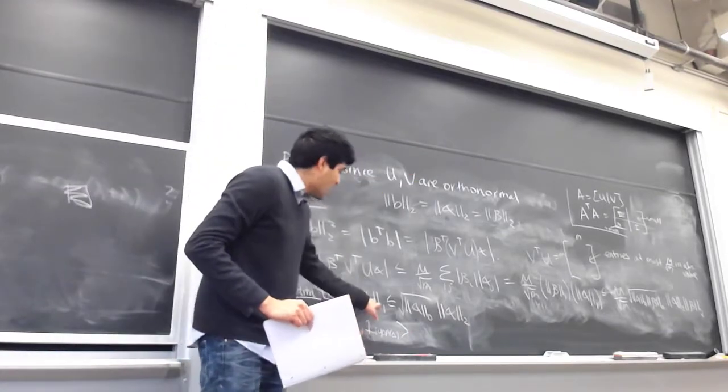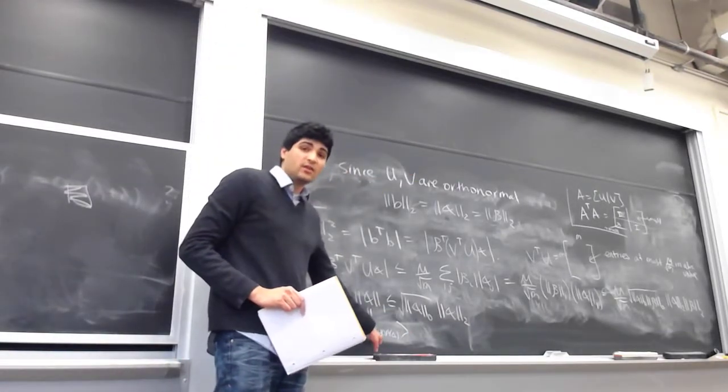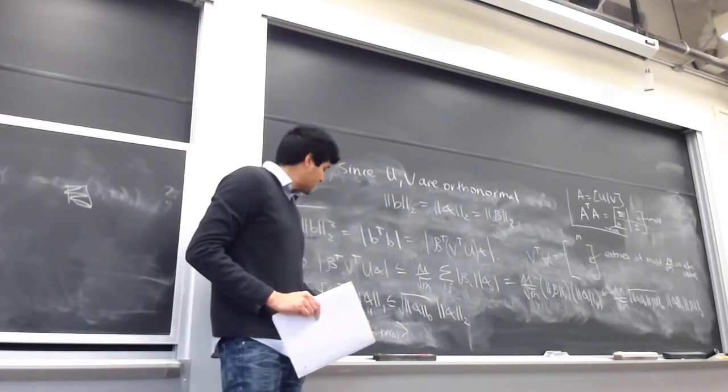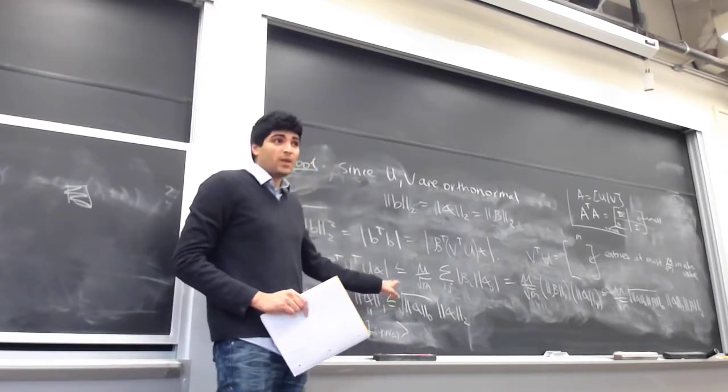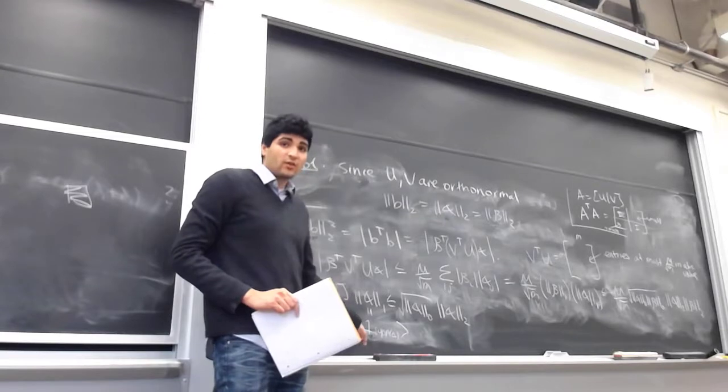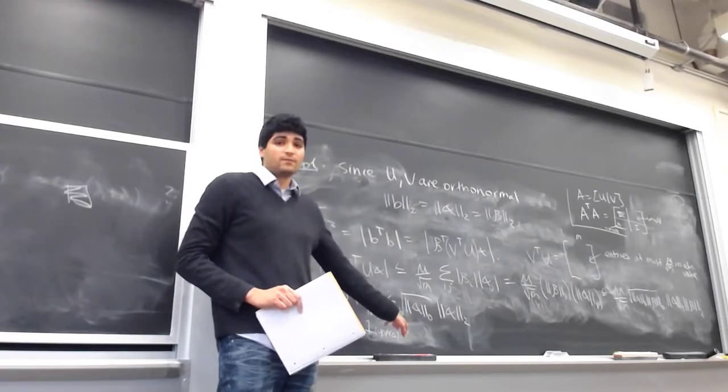Now, in general, if they're not non-negative, you would have to put their signs in here instead, but you would still get that this one norm is the inner product between a vector and a sparse vector.